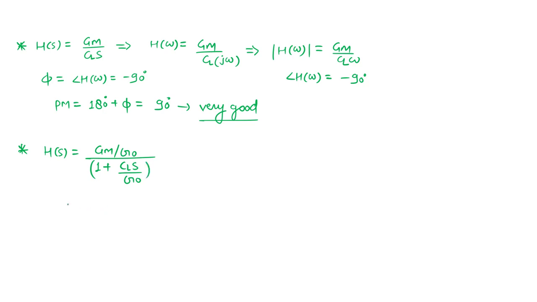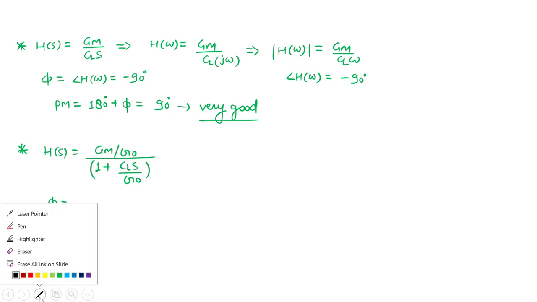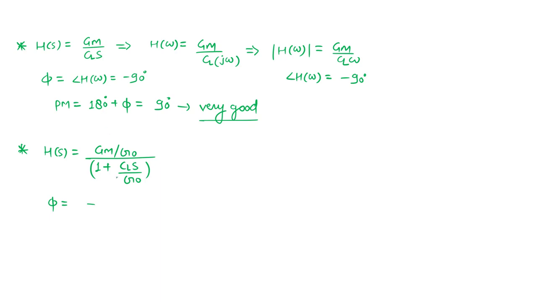So from here, if I write the phase, the angle of H of J omega is minus, its contribution being the pole, minus tan inverse of omega by, or better to say, R naught CL.